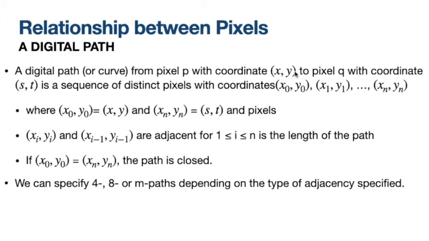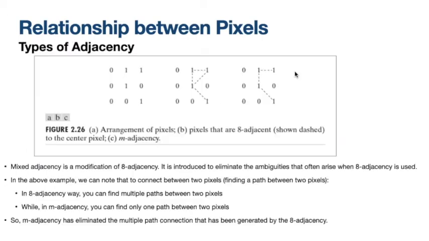So we can specify 4, 8 and m paths depending on the type of adjacency we are specifying. So this is an example of a digital path, if you can see the 8 adjacency or an 8 path.